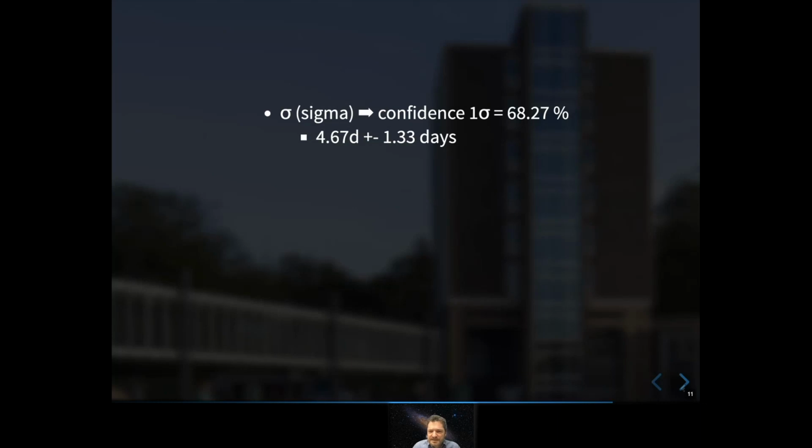But we can also consider providing an even more precise estimation. You take 2 sigma, and with 2 sigma there's a confidence of roughly 95%. And 2 sigma simply means 2 times the sigma value, so 2.66 days.